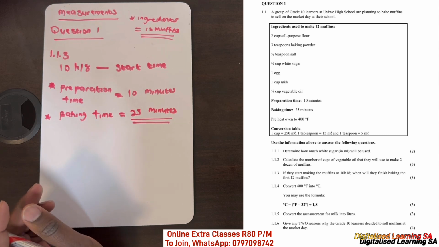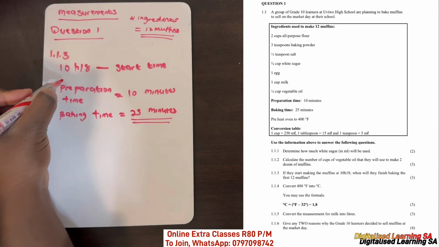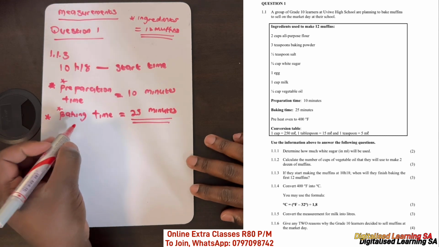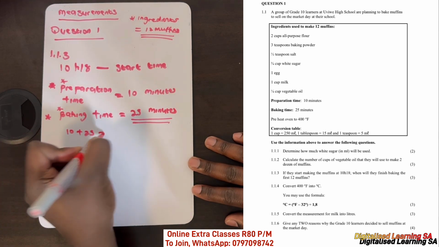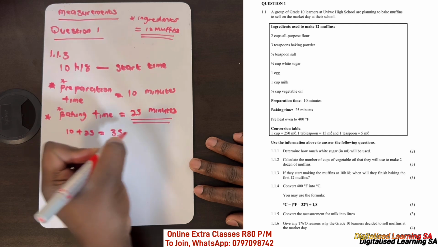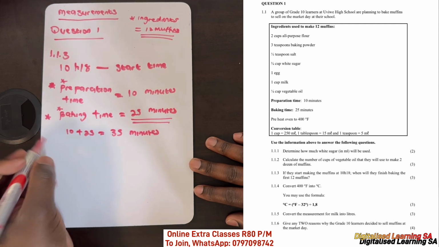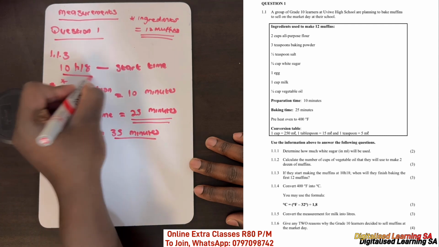But in this case, they said if they start making, so we need to include the preparation time and the baking time. In total, it will be 10 plus 25, which is equal to 35 minutes. And now we just add the 35 minutes to our start time.